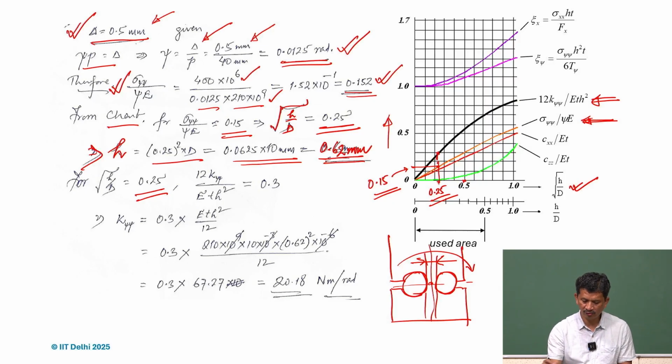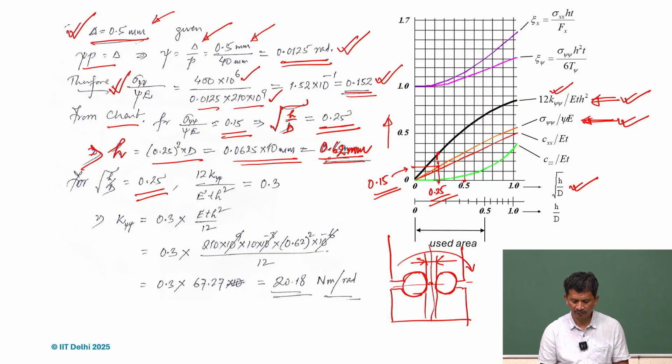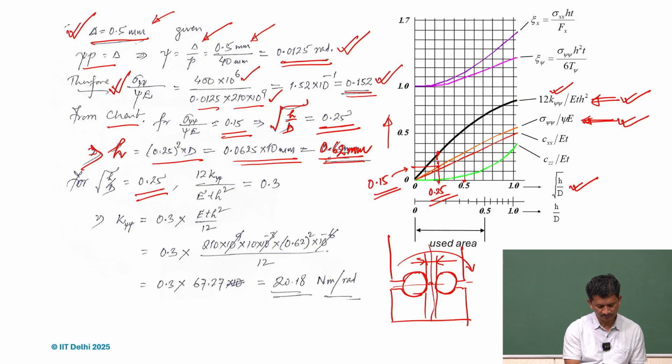So then we use this plot. First we use this plot to arrive at h. Once it's known, now we are interested in finding the k psi value. So we use that plot, and if we extend, we realize that this is 0.3.